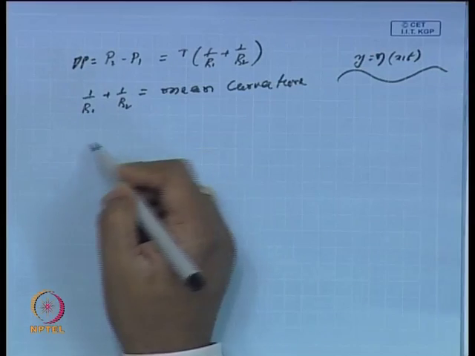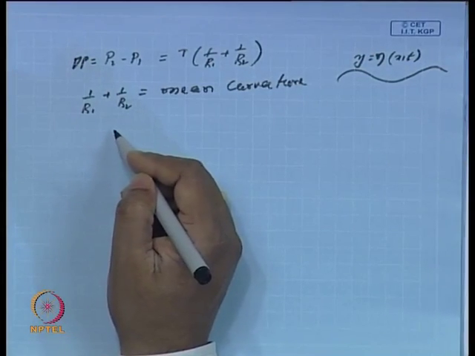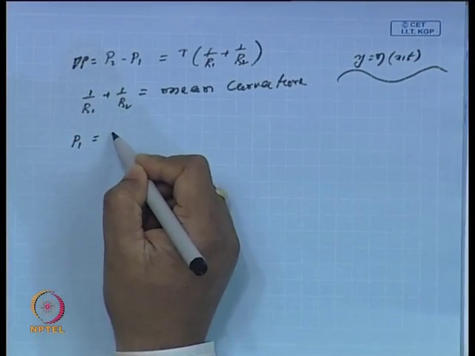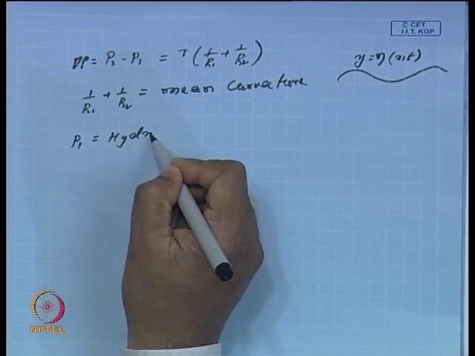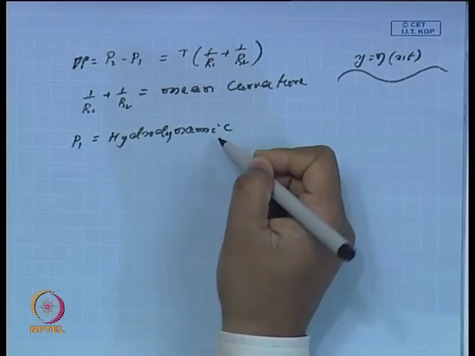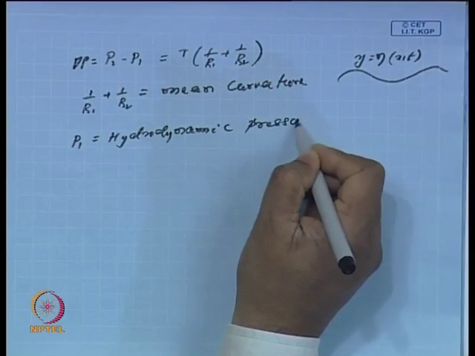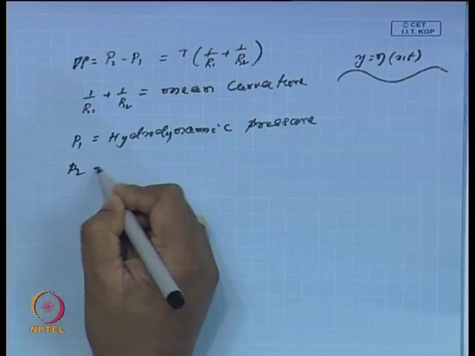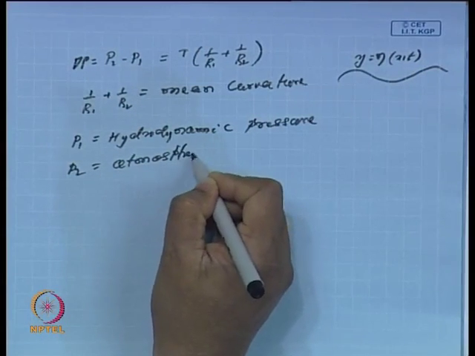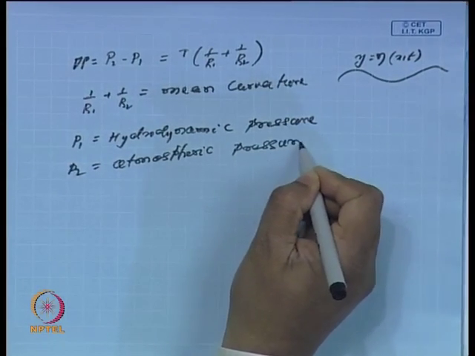Now, what happens in the case of a free surface? In the case of a free surface, P1 is the hydrodynamic pressure and P2 is the atmospheric pressure.